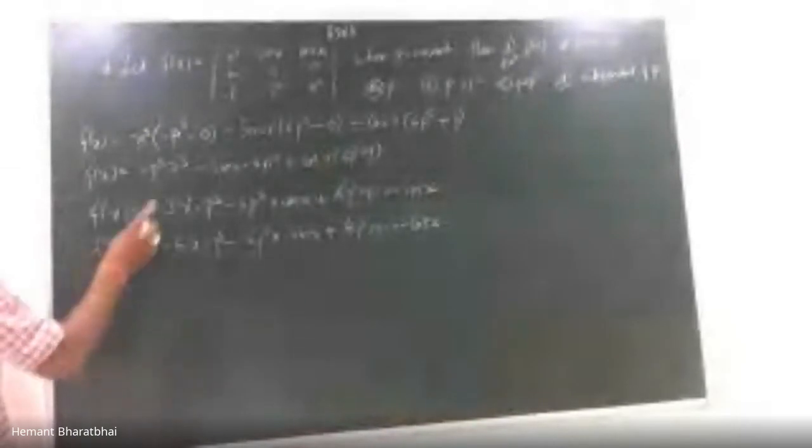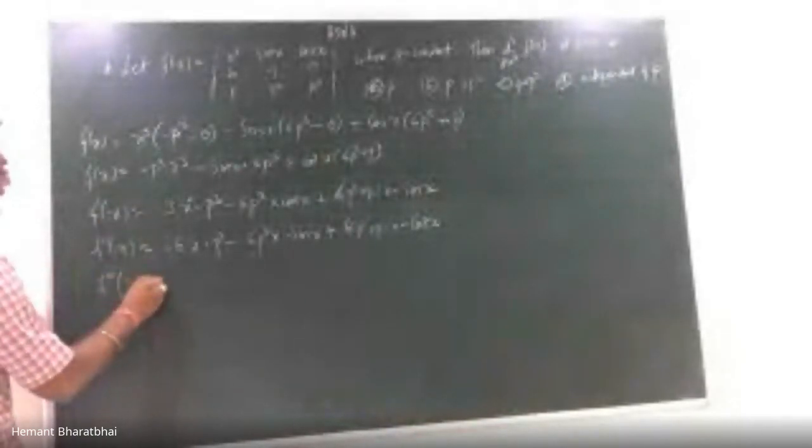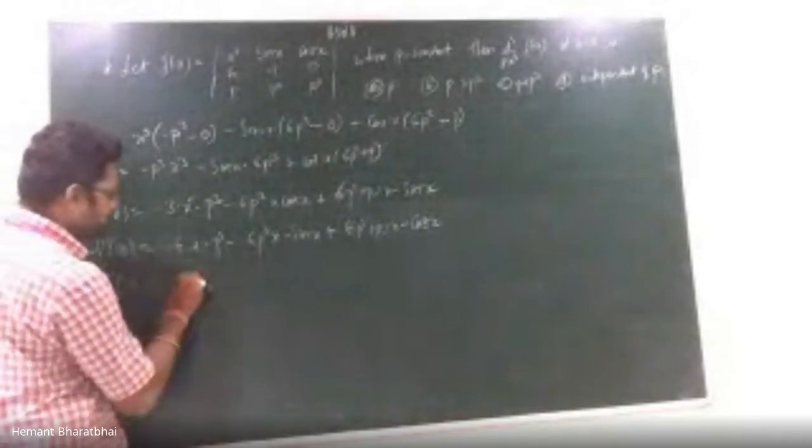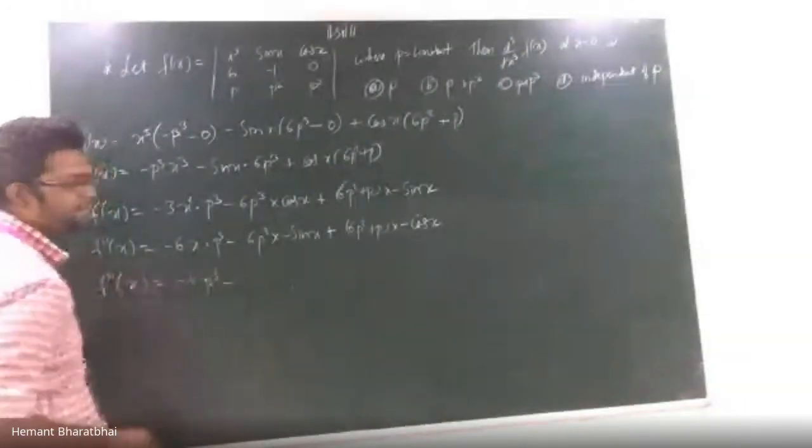Now let us take the third derivative because he has asked us the third order derivative. So f triple dash, derivative of x will be 1, so this will be minus 6p cube.